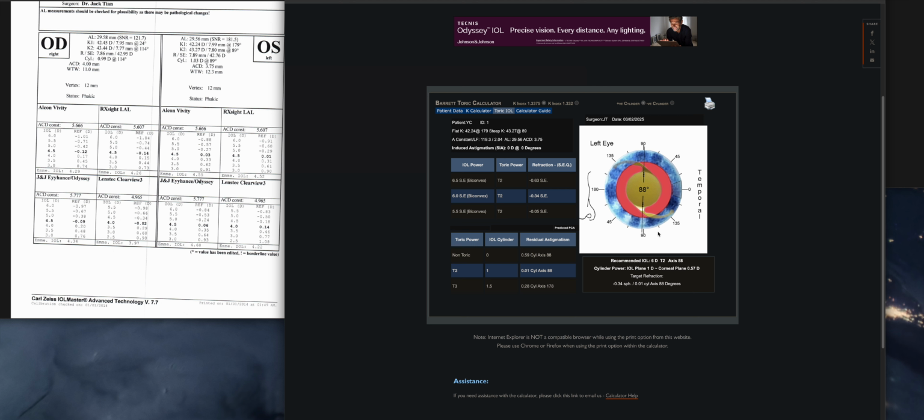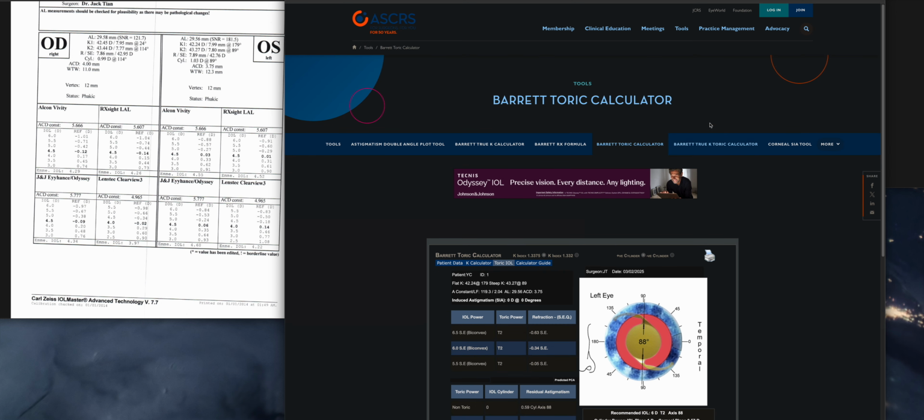What else? I think that's it. And just think how great it would be when we have Veracity connected and we don't have to do any of this. You still need to help me calculate some post-refractive eyes with the toric calculator, because I don't think Veracity has the Barrett II Toric Calculator.